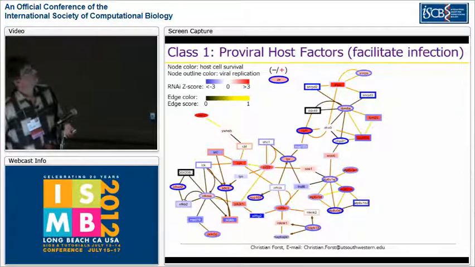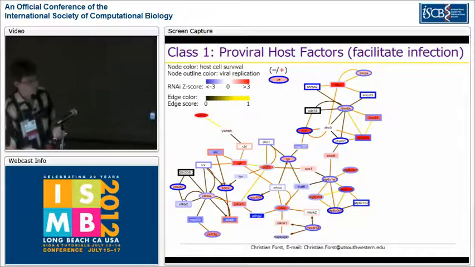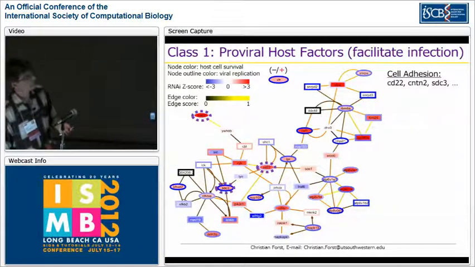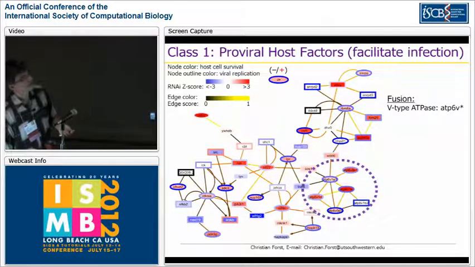for this first class, both in class 1 and 2, one finds the usual functions and subnetworks and pathways for viral replication. So there is cell adhesion. These are the V-type ATPases that are required for fusion of the viral cell with the endosome.